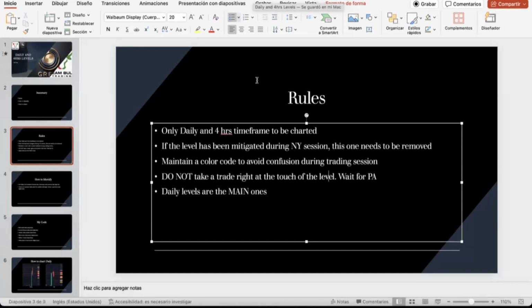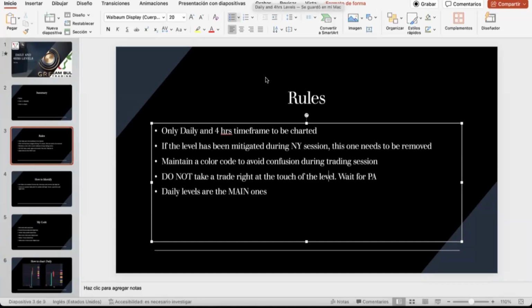So if you have an NQ level, and you see that the price is approaching this NQ level, and you see that another QQQ level is just below the NQ level, in my case, I would prefer to wait for the price action at the NQ level, expecting it to go to the QQQ level.